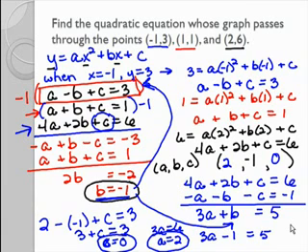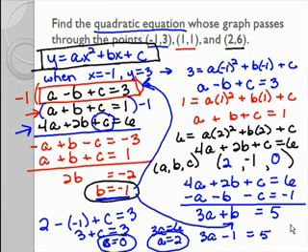But the goal of this was to find a quadratic equation, so I'm not quite done here, like I was with the other ones. So then I want to go back up to my quadratic and fill in for the a, b, and c, so then we get our equation. So y is equal to a x squared, a is 2, so 2x squared, plus bx, b is -1, so minus x, and then c is 0.